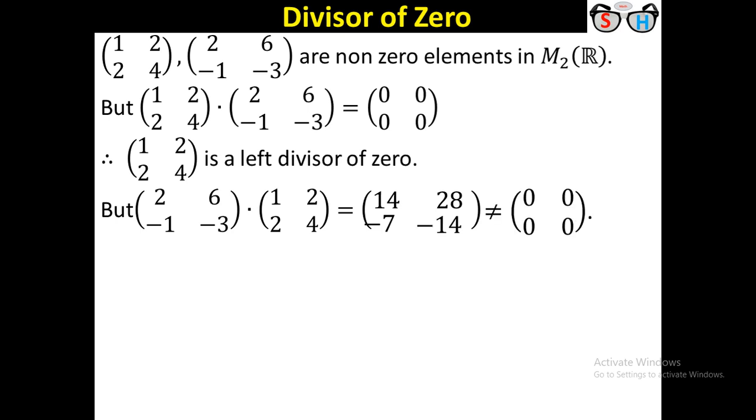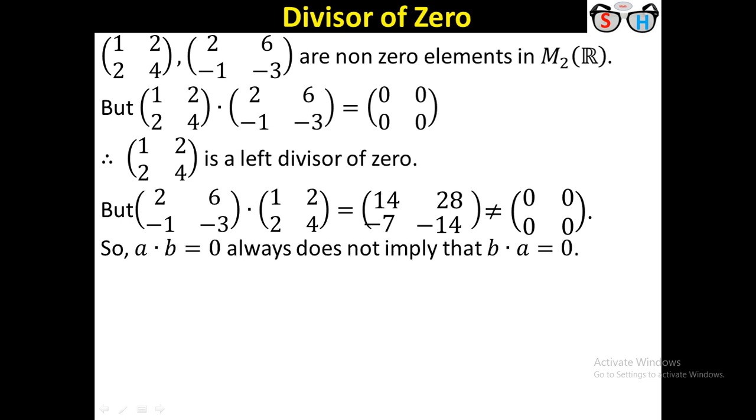You see that here this multiplication is 0, but since we change the order of the two elements, this is non-zero. It happens because the given ring is not commutative. So a dot b equal to 0 does not always imply that b dot a equals 0. Our question is, is it a right divisor of 0? The answer is yes.